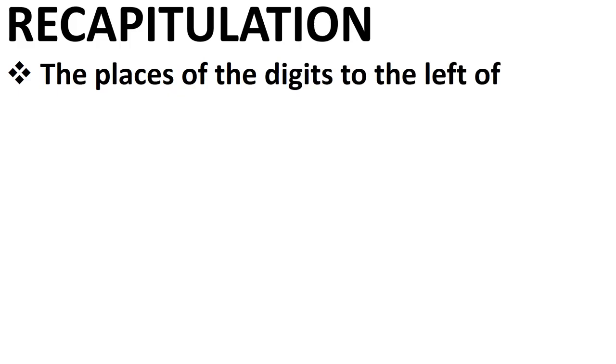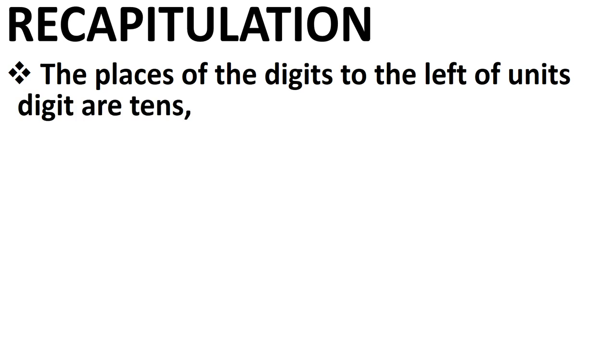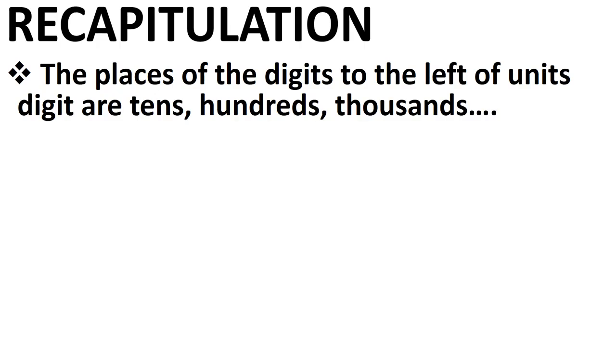In this lecture, first of all, we will recapitulate what we have learned in lecture 1. We have learned that the places of the digits to the left of the units digit are tens, hundreds, thousands and so on.